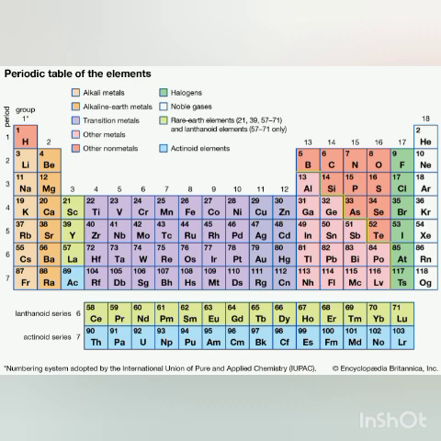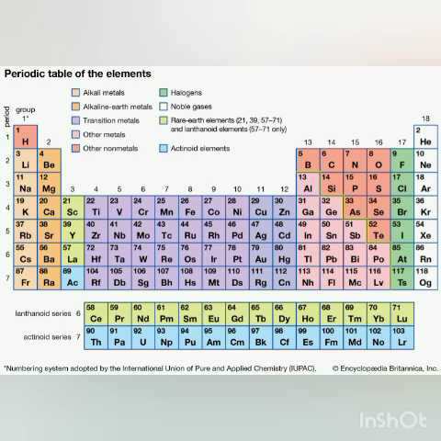What does it mean? It means the number of protons, or the positive charge, is increasing, but the number of shells is the same. That means the valence electrons in all these elements lie in the second shell, or you can also say the distance of the valence electron from the positively charged nucleus is the same in all the elements of period 2.